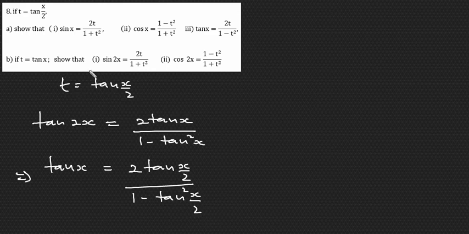Now from here we just have to replace tan x by 2 with a t. So our tan x will be equal to 2t divided by 1 minus t squared as required. So it is so simple like that.